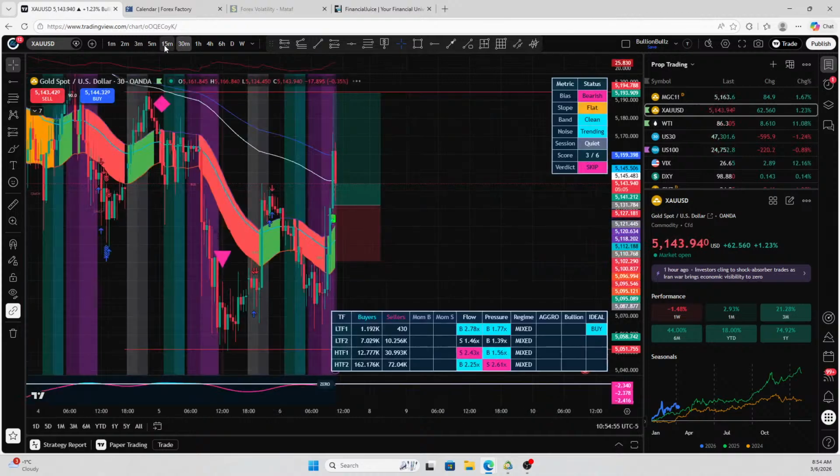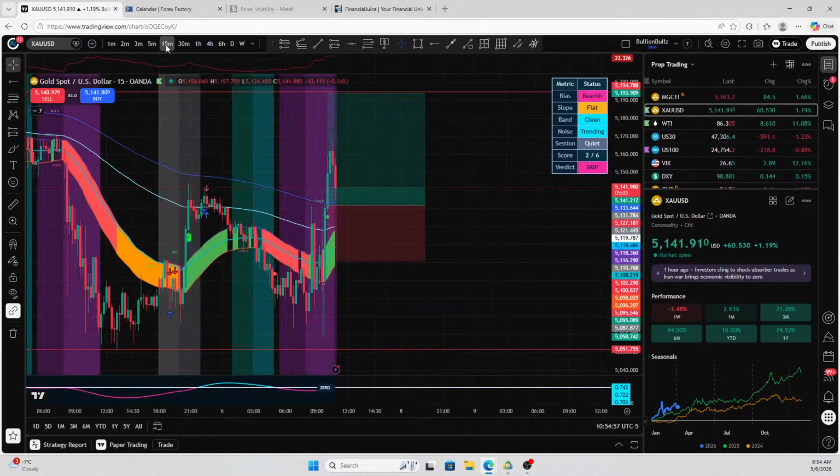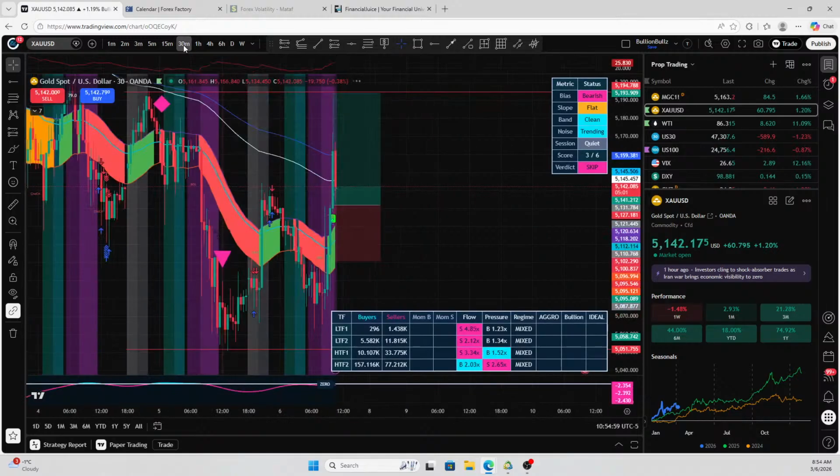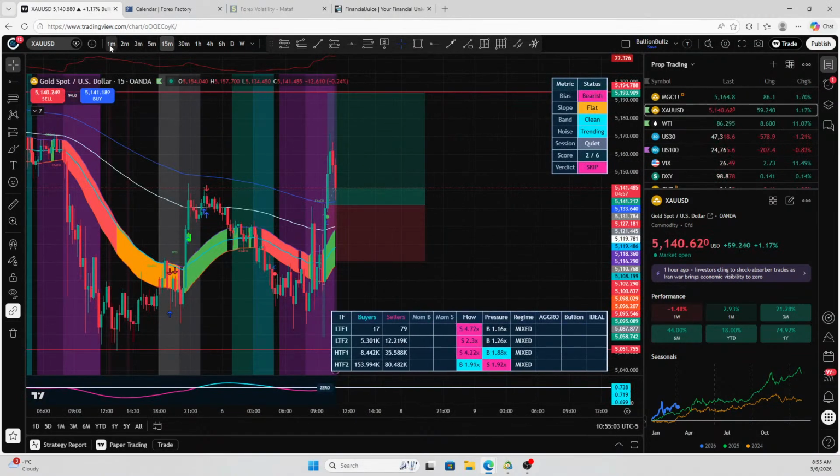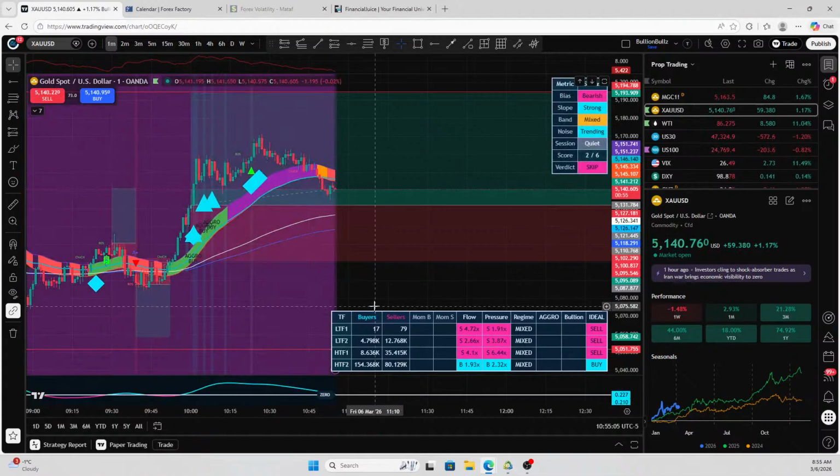The oscillator is about to turn bullish. But it's still bearish on the 15 and the 30 minute.